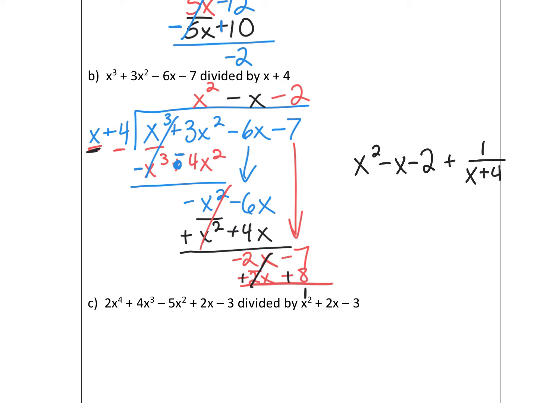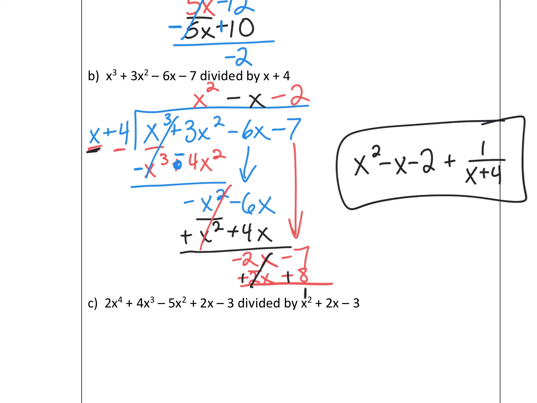I like it. We all agree with that? Would you get it wrong if you did 1 over without the plus? Yeah, because technically that would be multiplying if you didn't have the plus sign there. Good question. Any other questions?